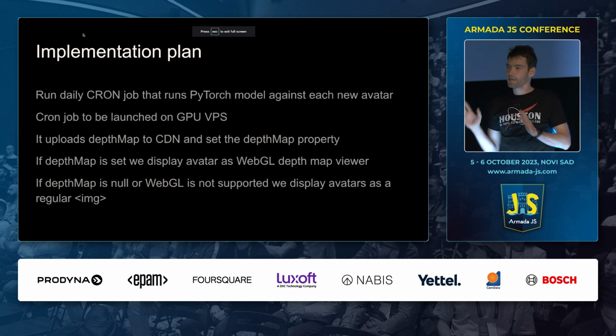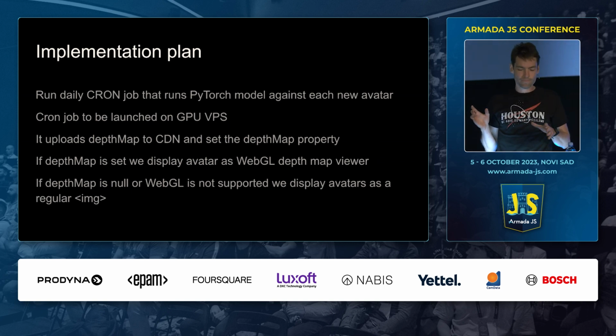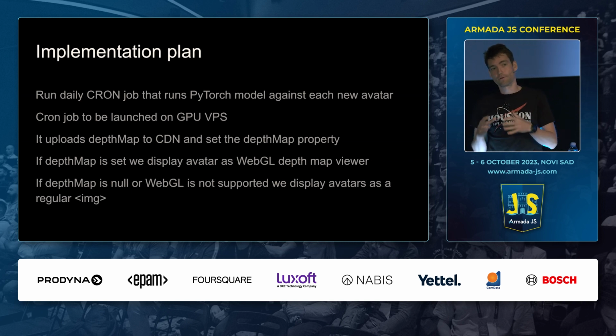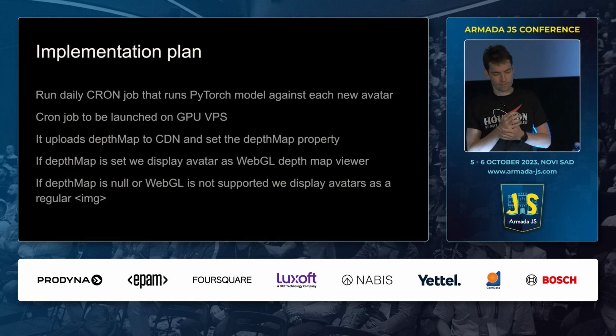So the implementation plan for our avatars was to run a daily cron that runs the PyTorch model against all new avatars. And this should be running on a GPU VPS to have a little bit more resources and to run constantly daily. And then it uploads the depth map to the CDN and fills a property in a database.